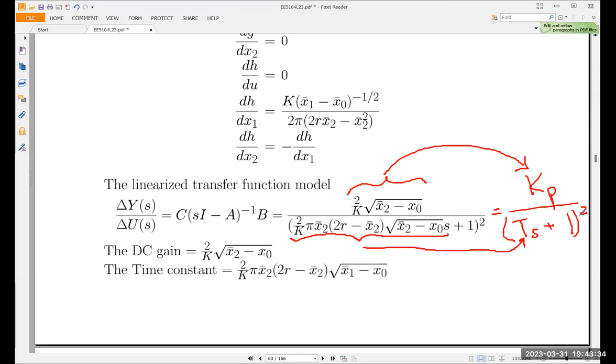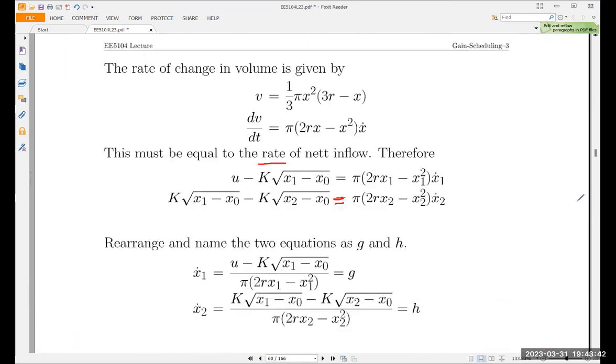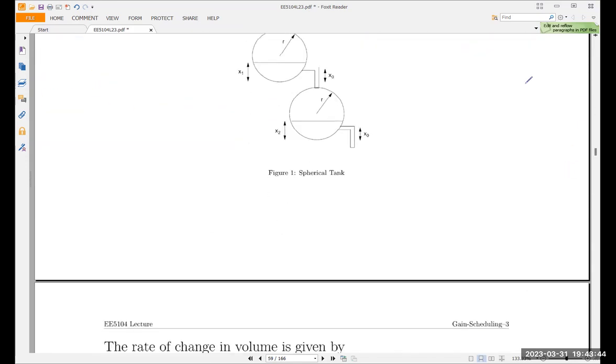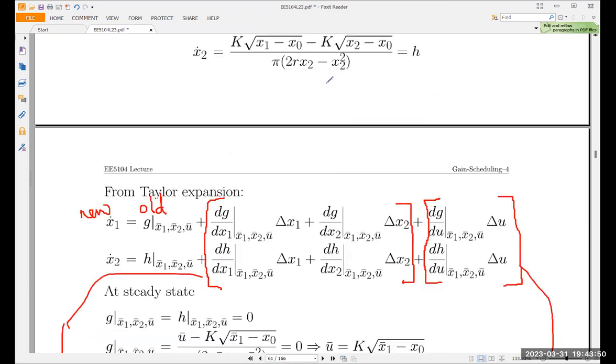So which means your transfer function, time constant and gain change when the level of x2 changes. When x2 is here, you have a different transfer function. When x2 is here, you have a different transfer function. So your controller must change. If your controller doesn't change while the plant changes, you are not adapting, and then you will not get good control performance.